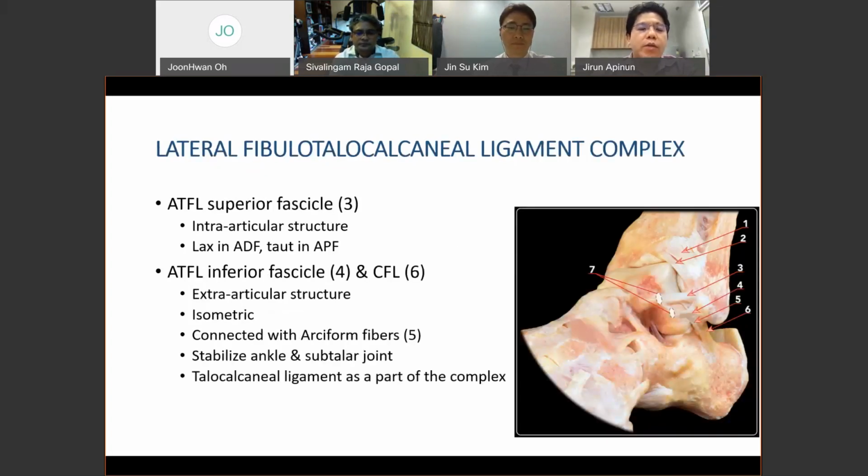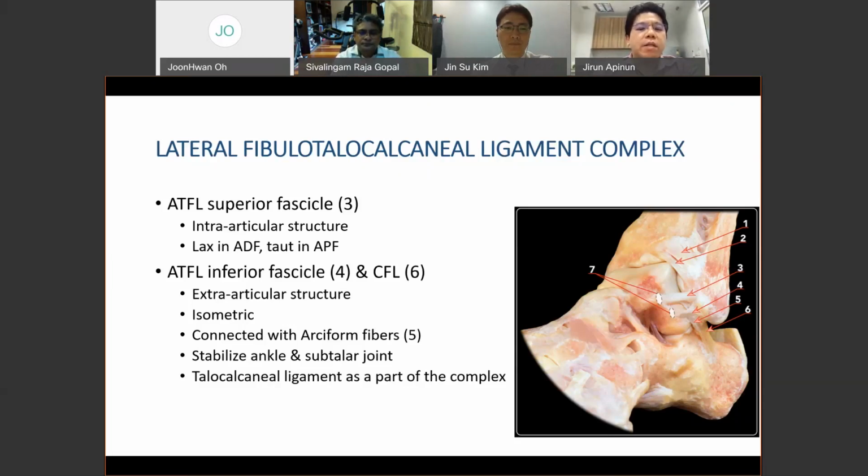Okay. We go back to the anatomy. Now, the lateral ankle ligament: in recent publications by Jordi Vega, the dissection found the superior fascicle of the ATFL to be an isolated one. This is an intra-articular structure, lax in ankle dorsiflexion and taut in ankle plantar flexion.